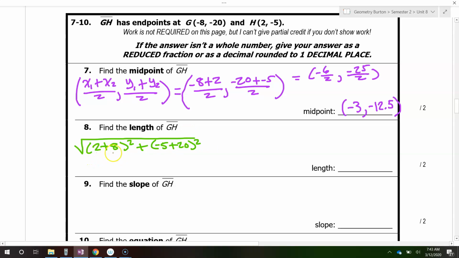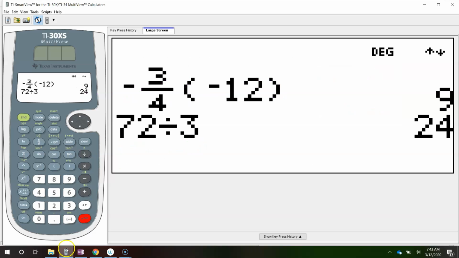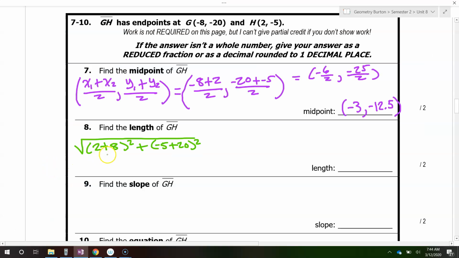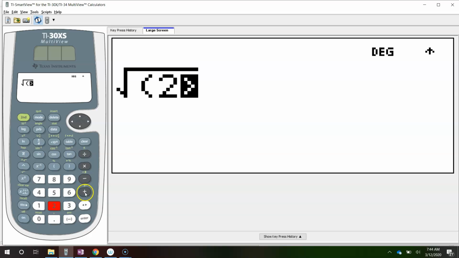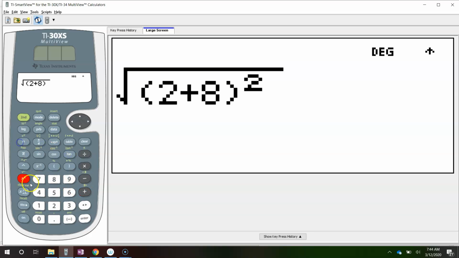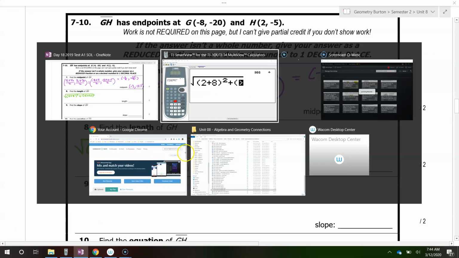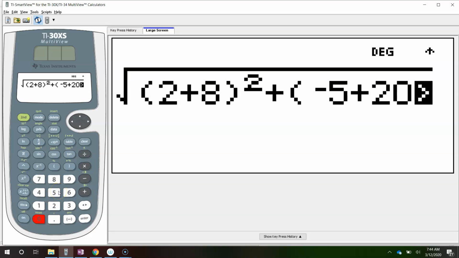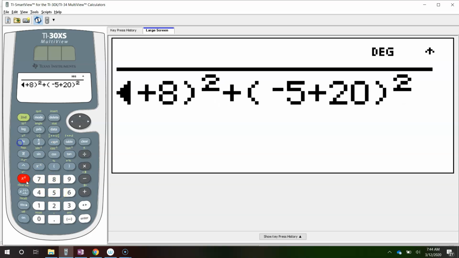So I could break this down step by step, but I could also type this whole thing into my calculator. So I think first I'm just going to show you that you can type the whole thing in your calculator. So we have 2 plus 8 squared, and then we have negative 5 plus 20, and we could square that.